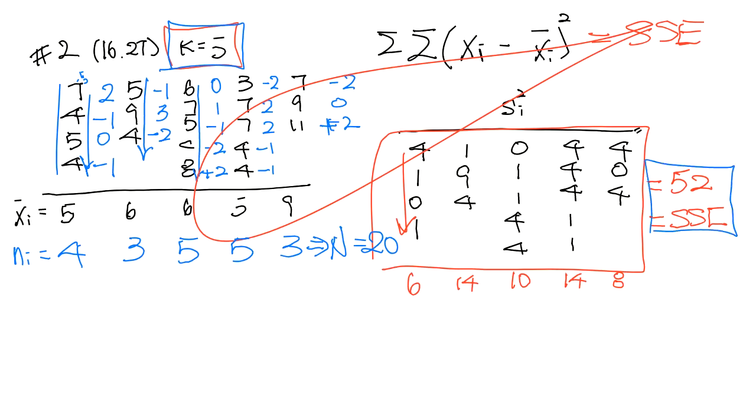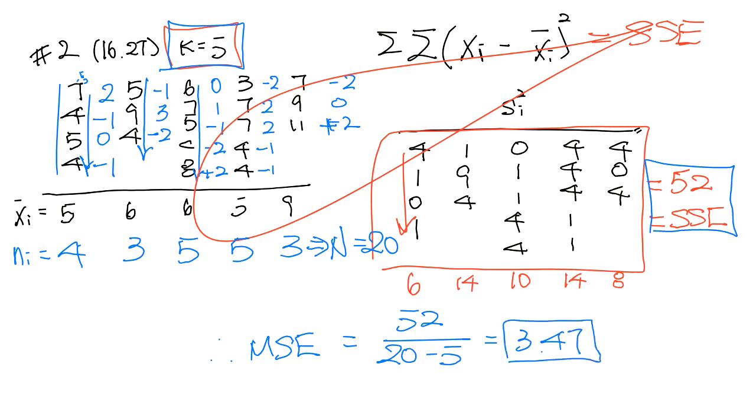So finally, MSE is 52 over 20 minus 5, which is 15. So 52 over 15 will be 3.47. That is the MSE.